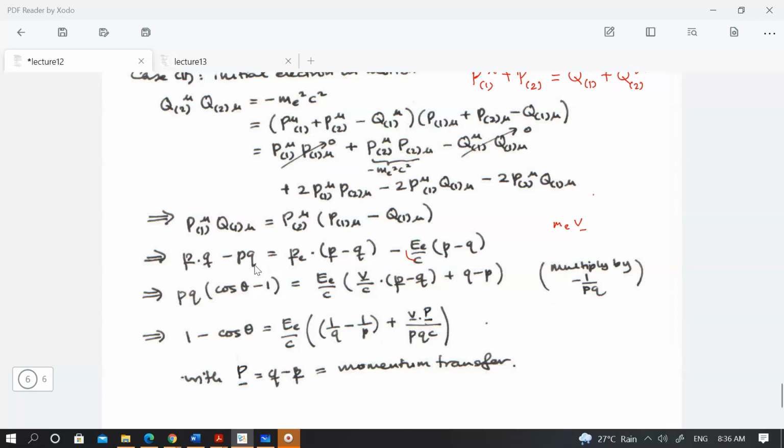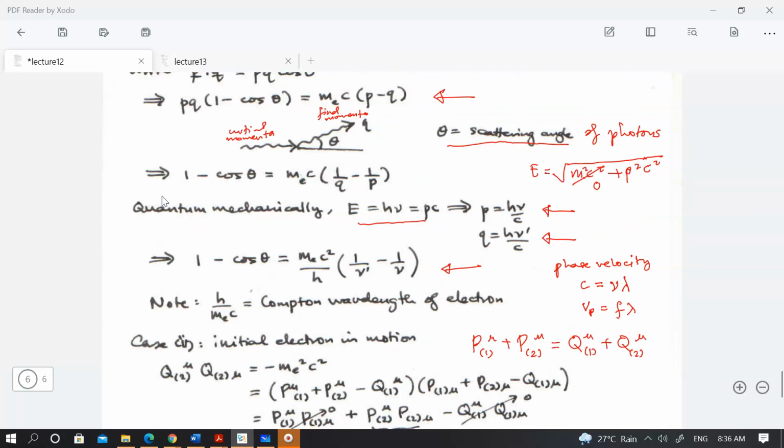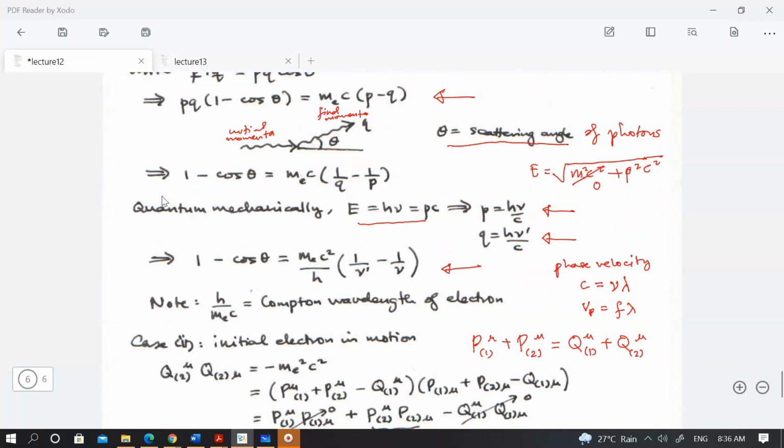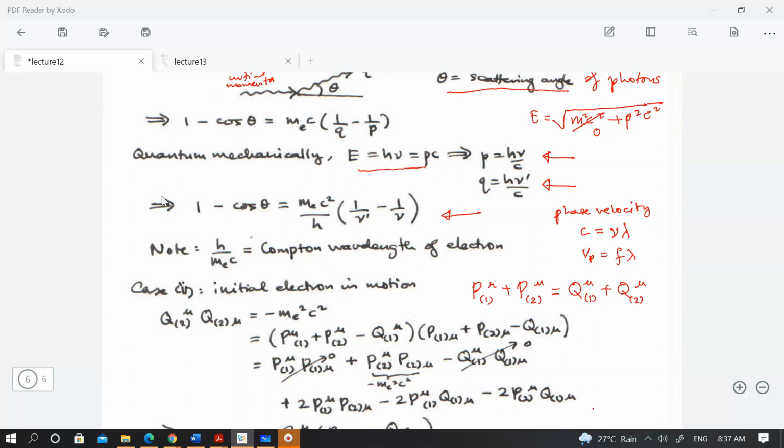For your four momenta, let me go back up. So I would have PE equals to, I'm not quite sure what's happening here, but my guess is there will be some modification due to the relativistic formula. I can't remember precisely what it was.